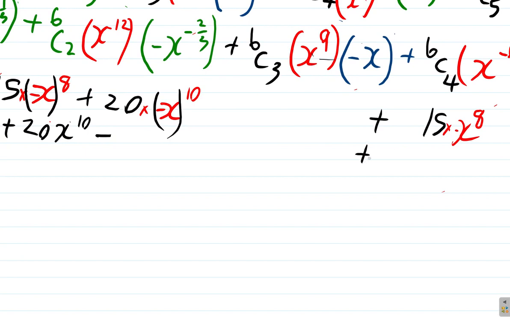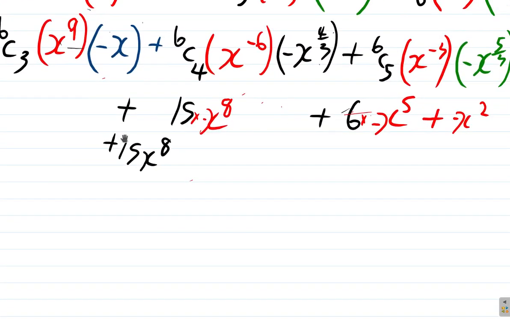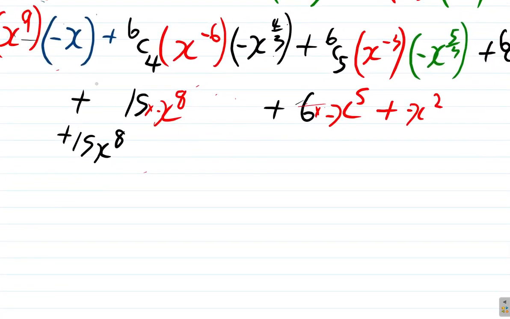This is also going to be a plus 15x to the 8, because negative x to the 8, you have an even number of negatives. They all multiply out to be positive. This one will be negative because it's an x to the 5, so it's minus 6x to the 5. And then this one is a plus x squared. Alright?